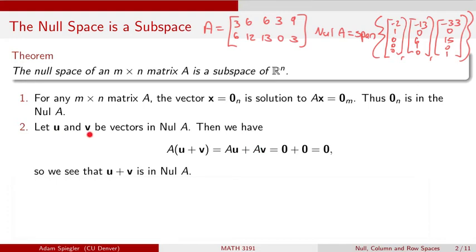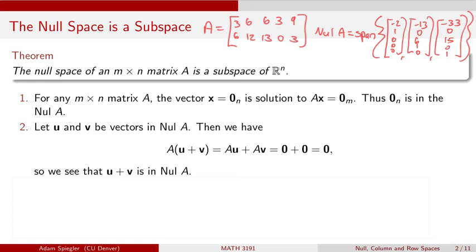Since u and v are in the null space of A, by definition, multiplying A by u and by v gives the zero vector. So on the right side, we get 0 plus 0, which gives us the zero vector. Therefore, u plus v is also in the null space of A. So the null space of A is closed under vector addition.